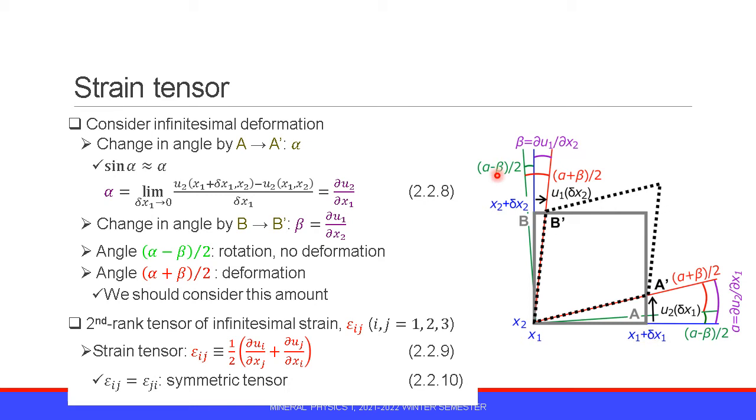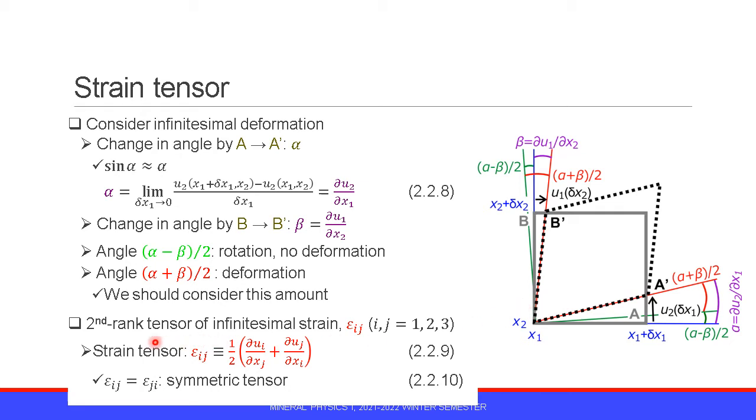Therefore, we subtract alpha minus beta divided by 2 from angle beta and angle alpha. Then we have alpha plus beta over 2 on both sides. So the angle alpha plus beta divided by 2 expresses the deformation of this square into this parallelogram.